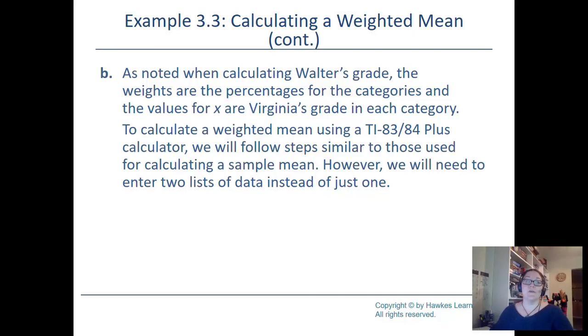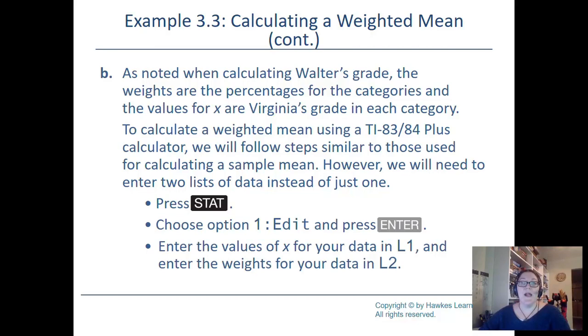The following steps are very similar to what we did for calculating the sample mean, but in this case we need not just one, but two lists. So again, the first thing you're going to need to do is hit Stat and then Edit, and then you're going to put all of those value items into the list.